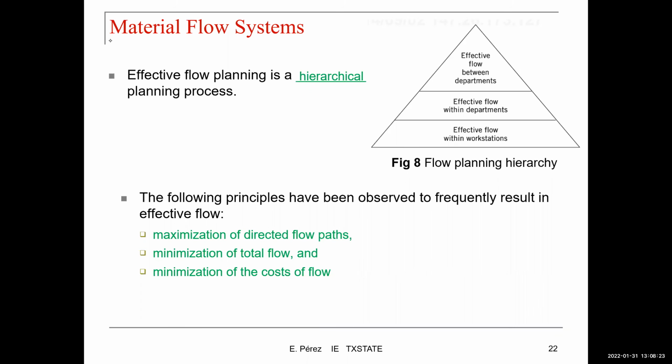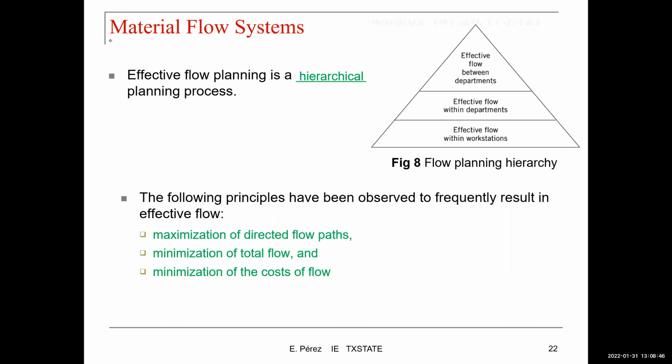The overall design, if it can have a direction that is not allowing movement from one side to the other and backwards, you want a design that is going to maximize the routes that are going to have unidirectional flow. Minimization of total flow, meaning that you want to reduce movement as much as possible, right?